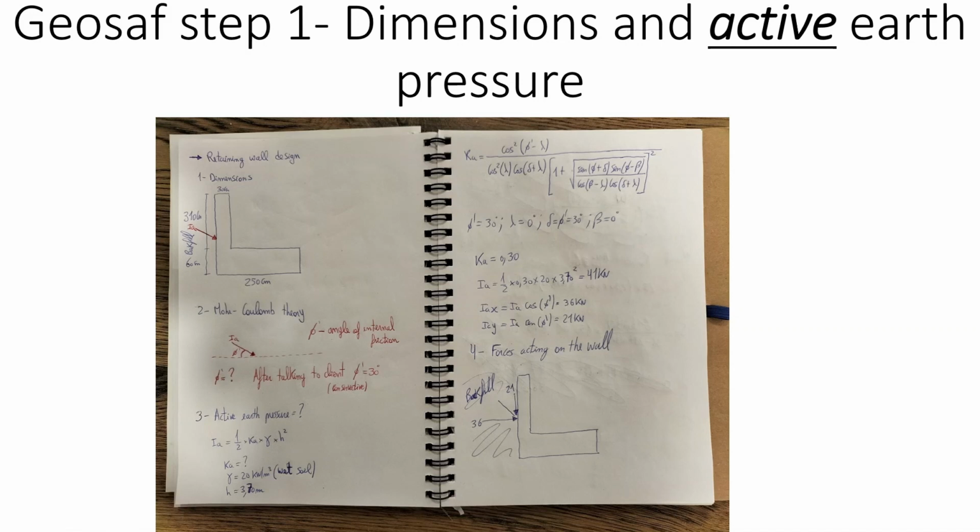You can find the explanation, and using these values I'm gonna get Ka equals 0.30. That means that the active earth pressure is 41 kilonewtons, and converting it into two directions, we're gonna have around the x-axis 36 kilonewtons and around the y-axis 21 kilonewtons. Here you can see the representation of the forces acting on the wall.